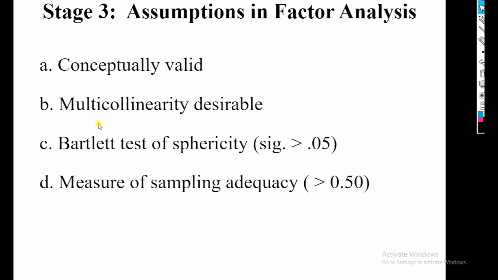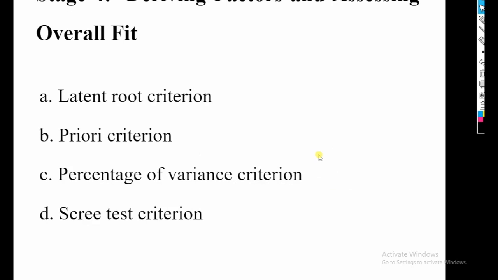Second, multicollinearity is desirable, because we are clubbing the same nature of questions into one factor. Bartlett's test of sphericity should be significant. Measures of sampling adequacy should be greater than 0.5.